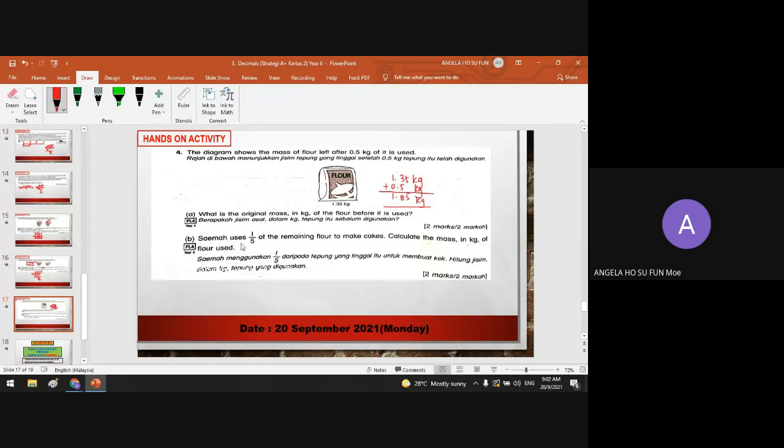Okay, B. Samia uses 1/5 of the remaining flour to make cakes. Calculate the mass in kilogram of the flour used. The remaining means this. She used 1/5 of the remaining flour. What is the meaning of here? Anyone?